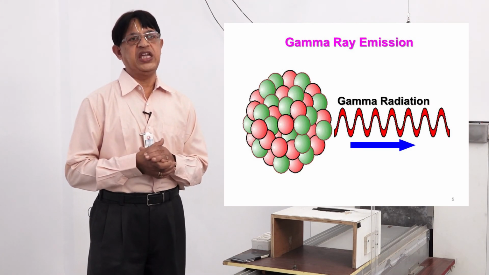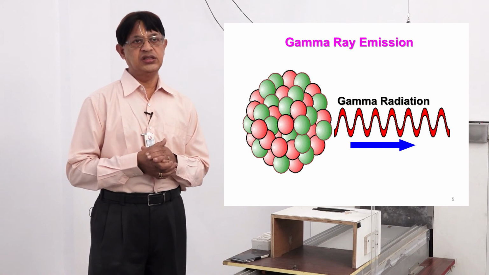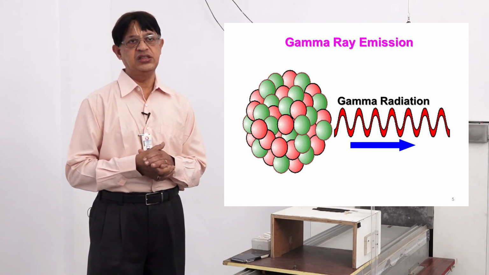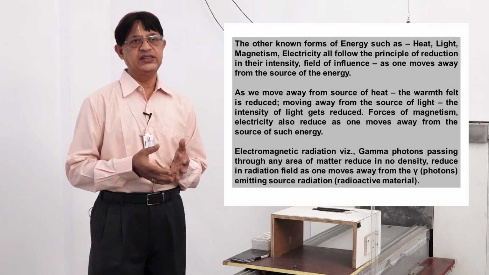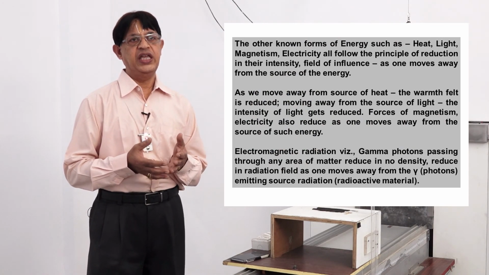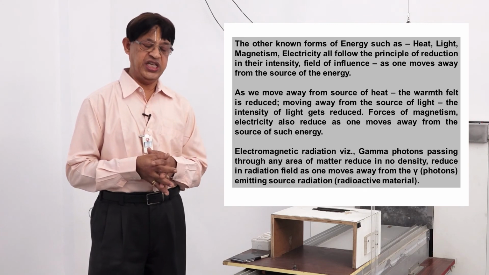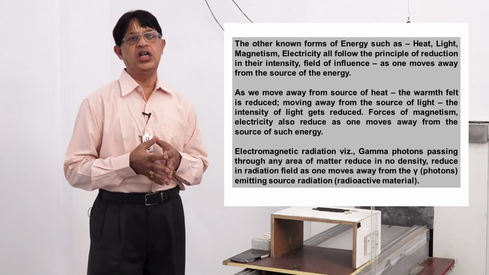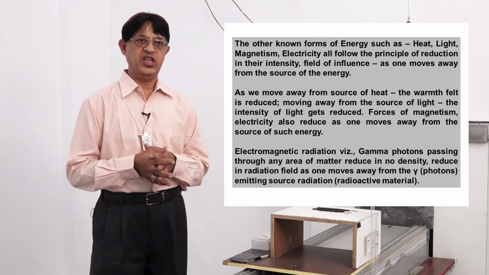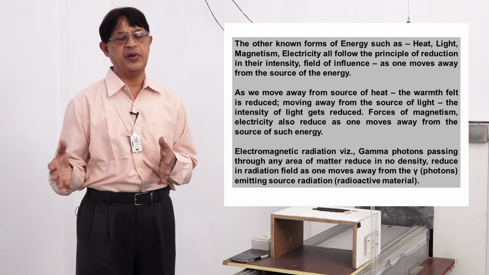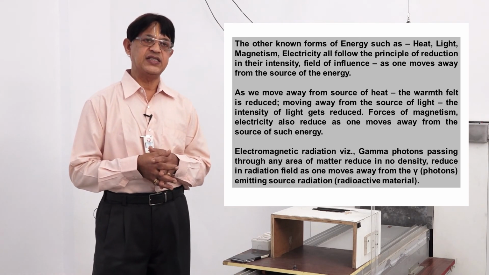When we are speaking about gamma radiation being an energy, all of us know light, magnetism, heat, the other forms of energy, they also undergo reduction in intensity as we move away. From a light source, if we keep away, the intensity of light is less.